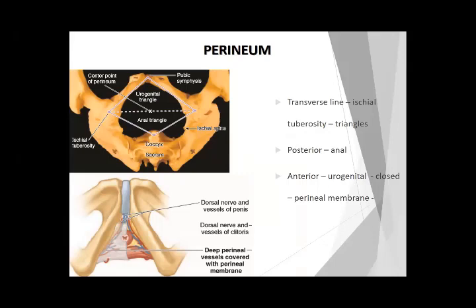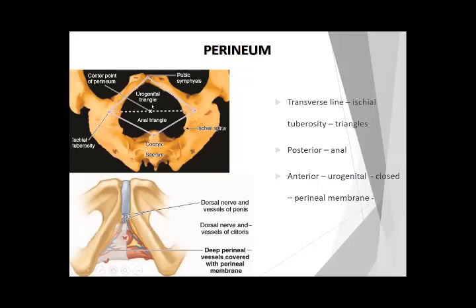Still continuing with the perineum. The perineum, this diamond-shaped area, as I told you, is divided into two halves by a transverse line. This transverse line is drawn in between the two ischial tuberosities, from one ischial tuberosity to the other.